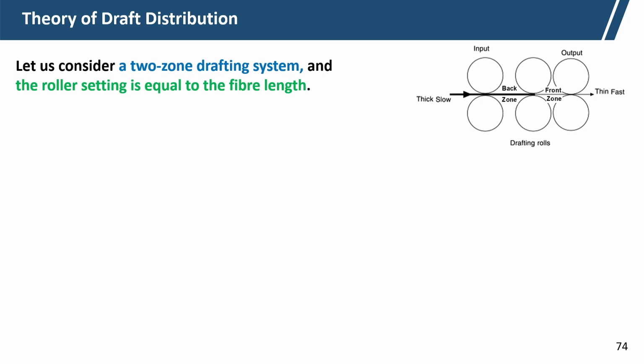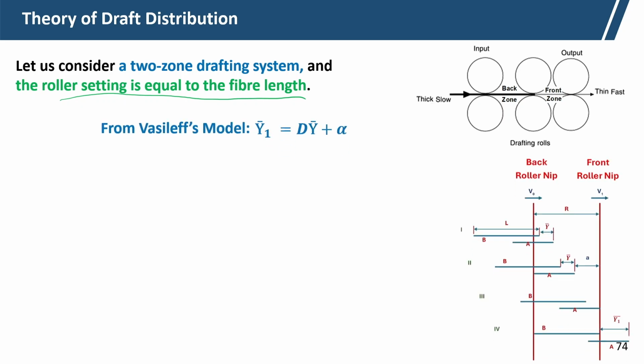So, let us consider a two-zone drafting system where the roller setting is equal to the fiber length. We are now considering one situation here. From Vesilef's model, y1 bar equals d times y bar plus the deviation.